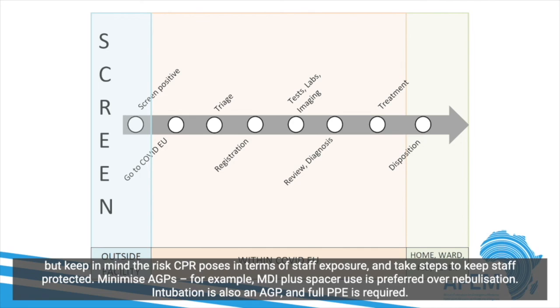But keep in mind the risk CPR poses in terms of staff exposure and take steps to keep staff protected. Minimize aerosol generating procedures. For example, MDI plus spacer use is preferred over nebulization. Intubation is also an aerosol generating procedure and full PPE is required.